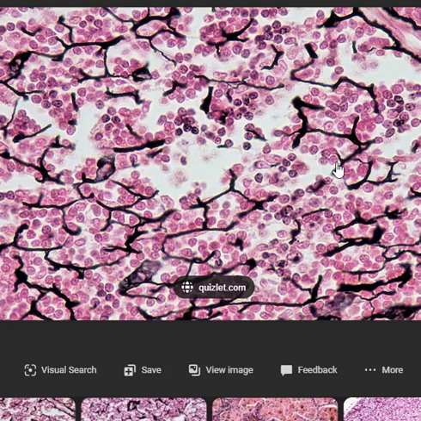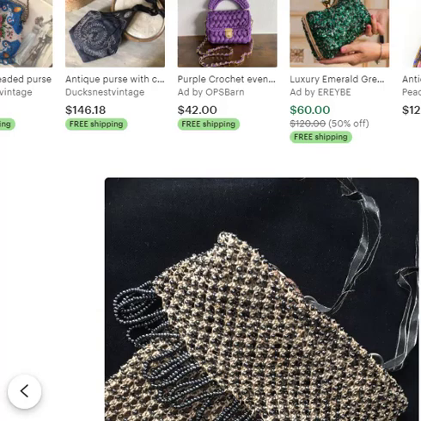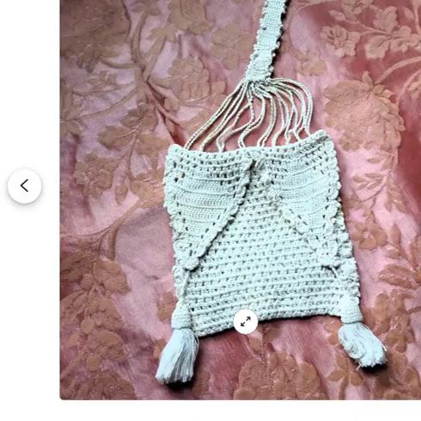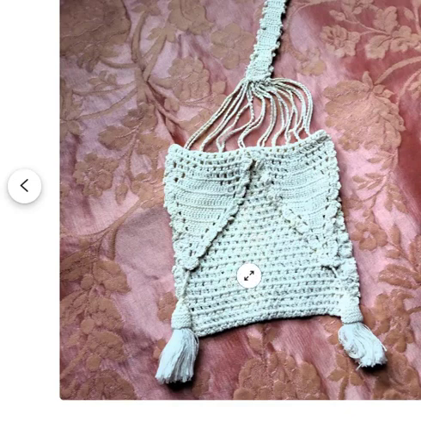So a long time ago, women carried purses called reticules. Here's a picture of an Edwardian beaded purse, and you can see the kind of fishnet stocking effect. Here's another picture of a reticule.